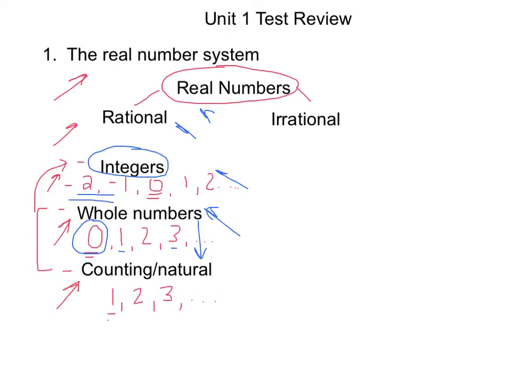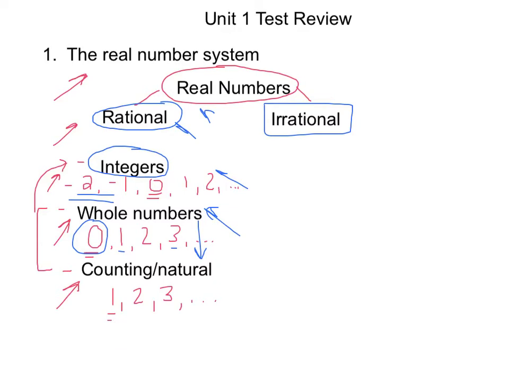Other numbers you'll see with real numbers within the rational category are fractions, terminating decimals, and repeating decimals. If we look at irrational, irrational are just messy decimals. They're going to be decimals that go on forever and have no pattern.